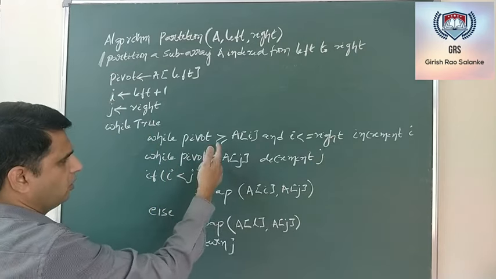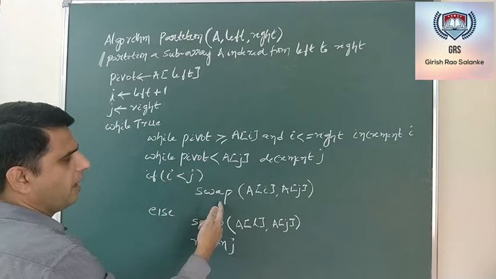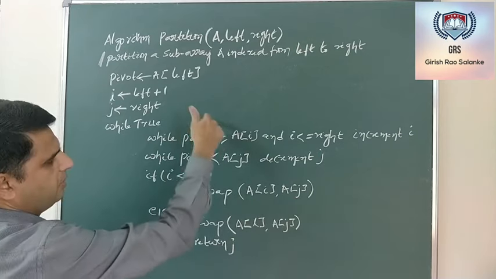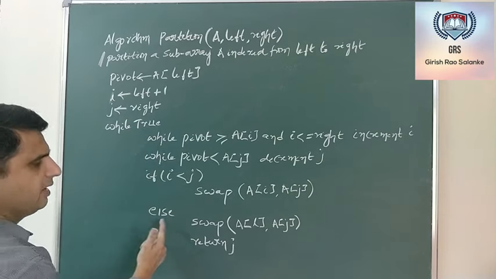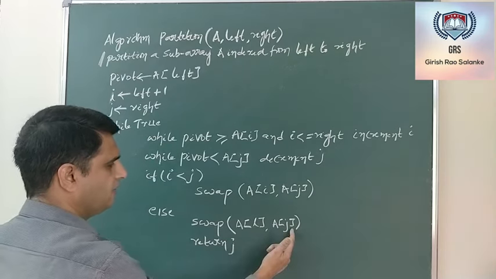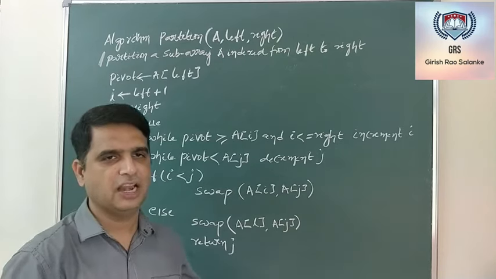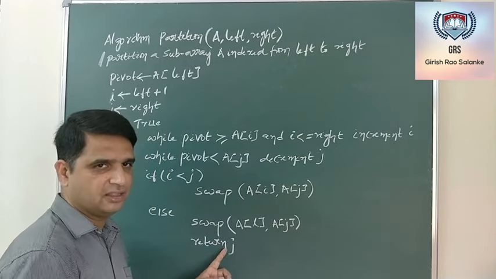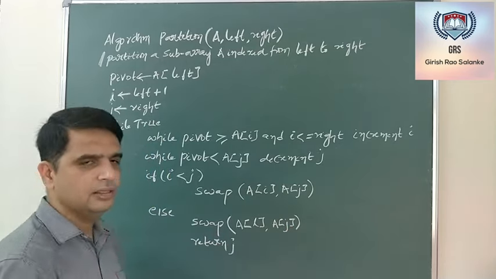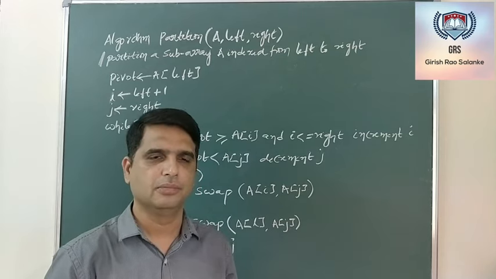Next, after doing so, if i is less than j, swap A of i and A of j and continue the same thing. So it is in a while of 1, that is while true. Else, swap A of left and A of j. That is, you need to swap the first element, the pivot element, with A of j, and finally return j. In the sense, come out of the partition algorithm.